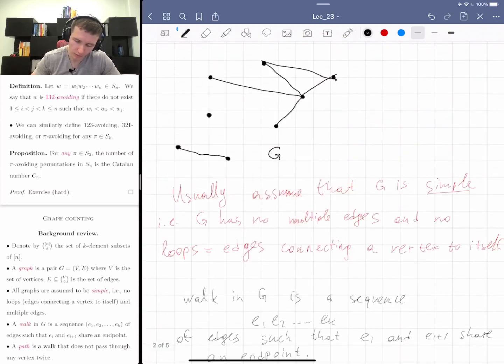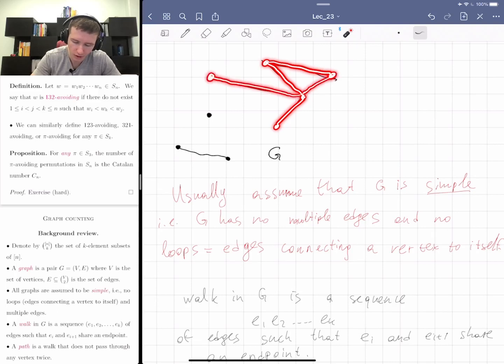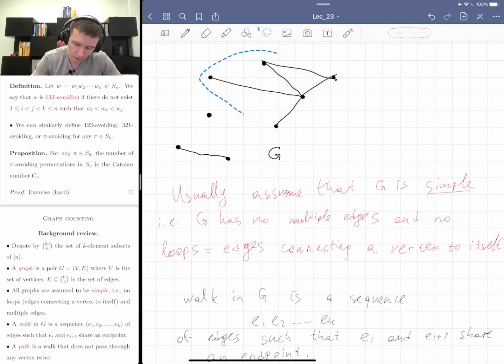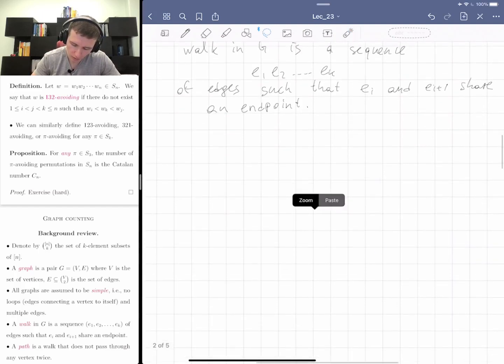So maybe for this graph, you can start somewhere here, and then you can go along this edge, and go here, go here, go here. You can pass through the same vertex as many times as you want. You can also go back around the same edge, something like this. So maybe I should draw an example of a walk.